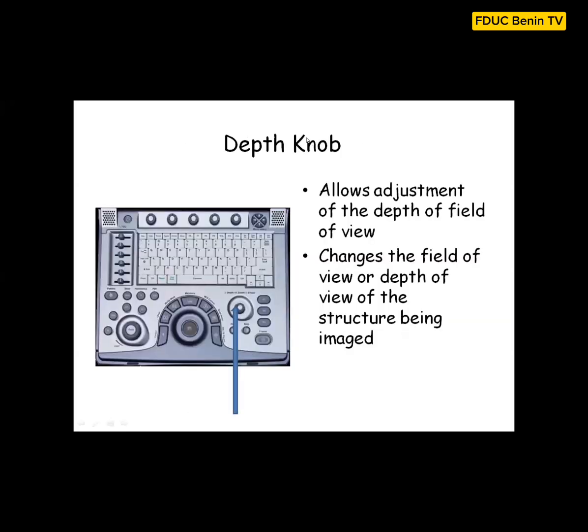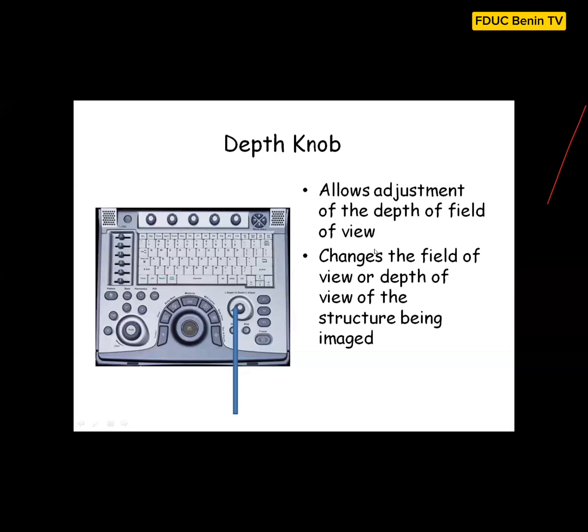The next button, apart from gain, we've talked about gain, and we said gain is brightness. The next one is the depth button. The depth knob allows you to adjust the depth of the field of view.